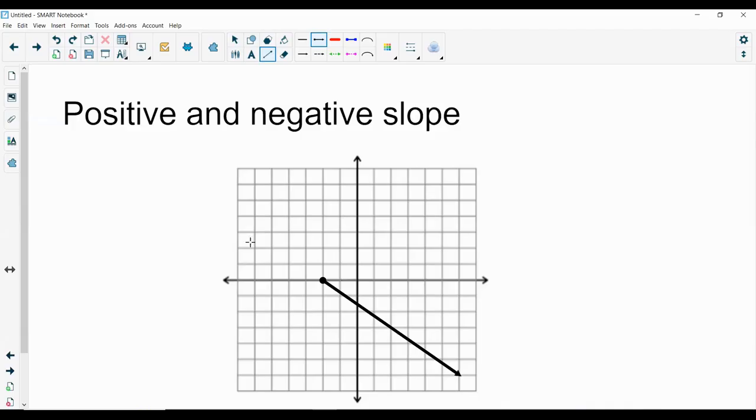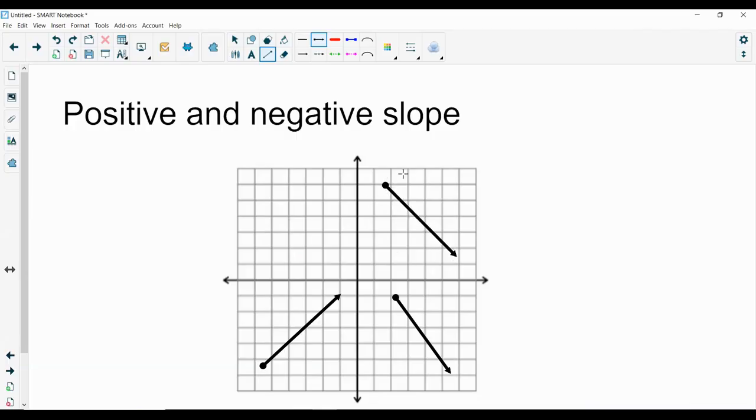Now, you could have some slopes that look like this. That's negative slope. You could have a slope that looks like this. That's a positive slope. Even though it's below this line, it's still headed in a positive direction. The same thing for up here. This would be a negative.